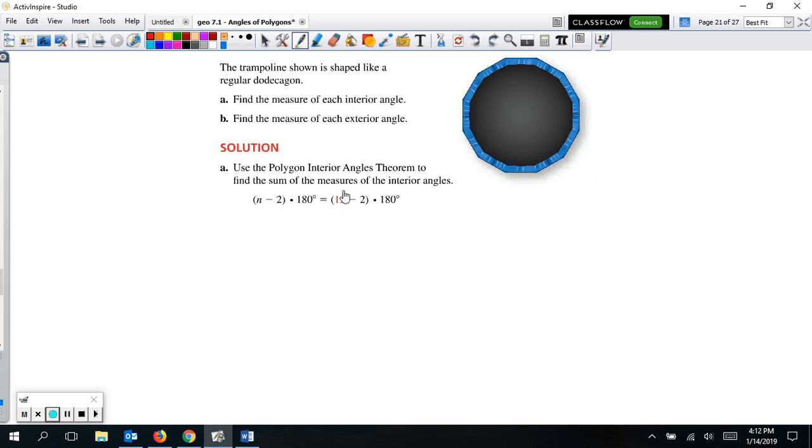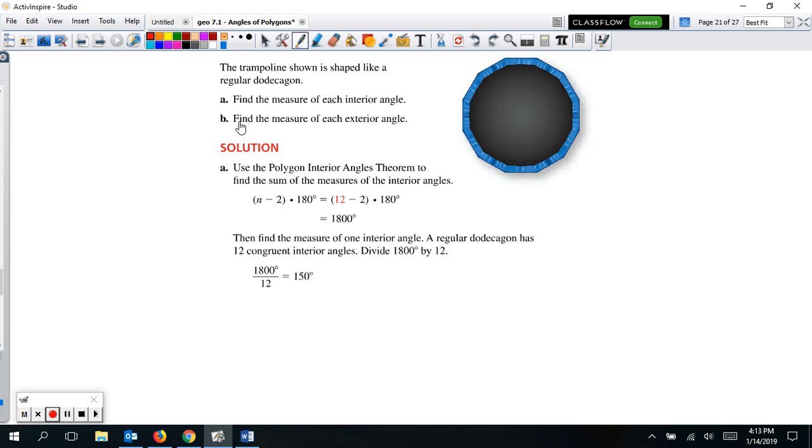That gives you 10 times 180, so it's 1800 for all of those measures. Since they're all exactly the same, we just divide this number by 12 to get the equal number. So that gives you 150 degrees for each interior angle.